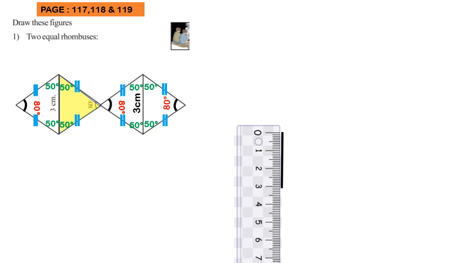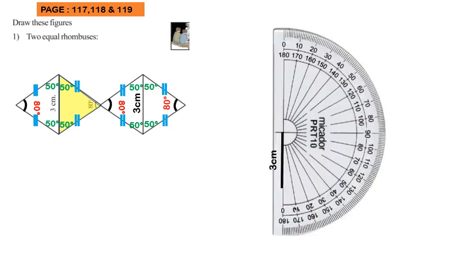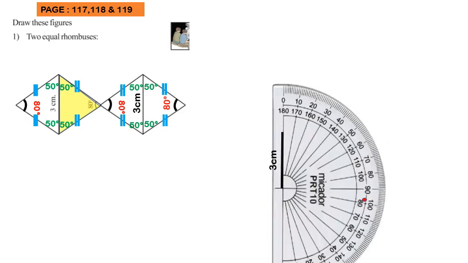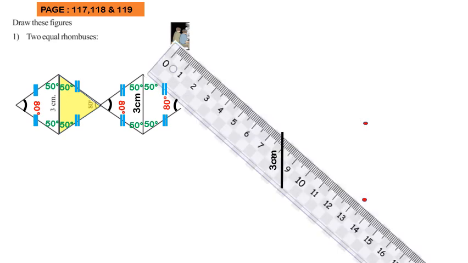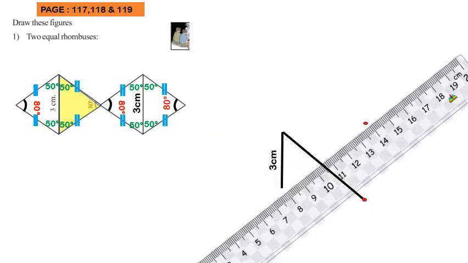Now we get more details about the figure. So start drawing. First let us draw a vertical line of length 3 centimeters. Then use a protractor and mark 50 degree angles from both ends of the line. Then use a ruler and draw lines to these points.